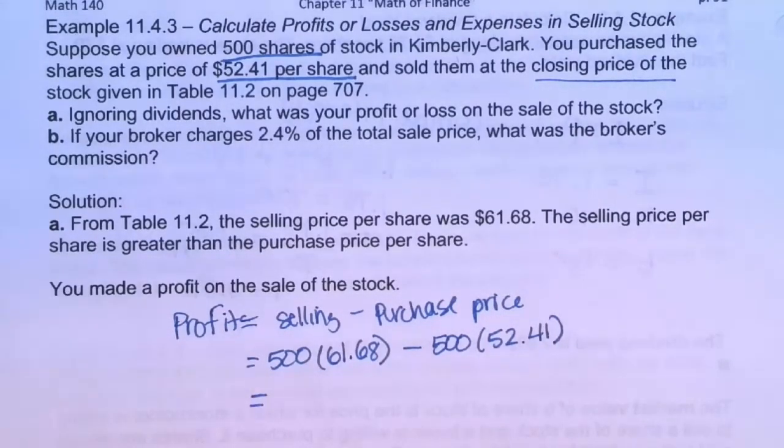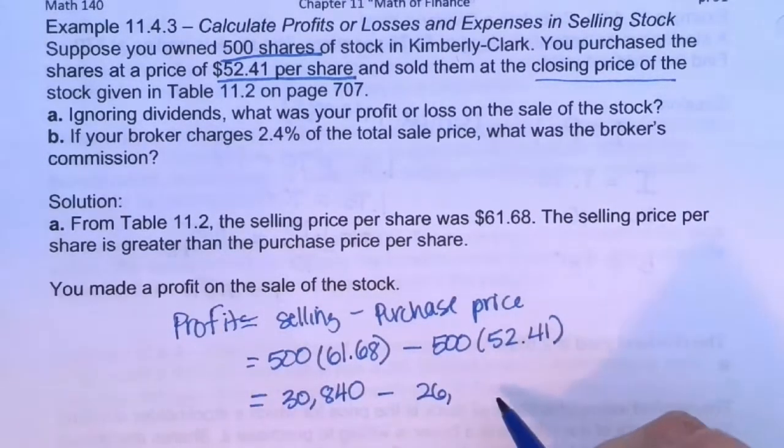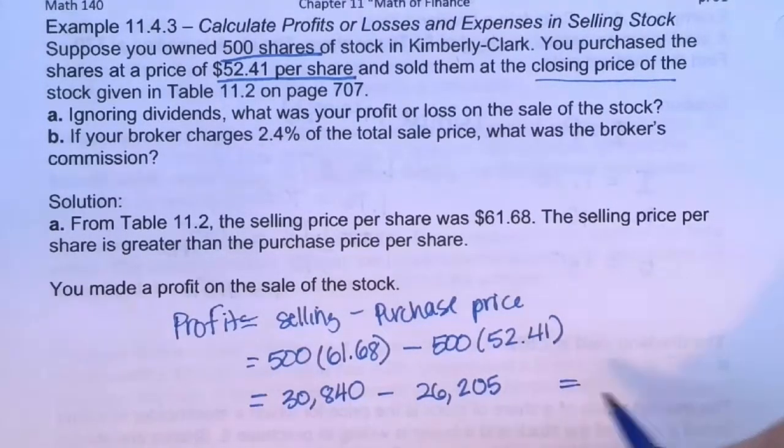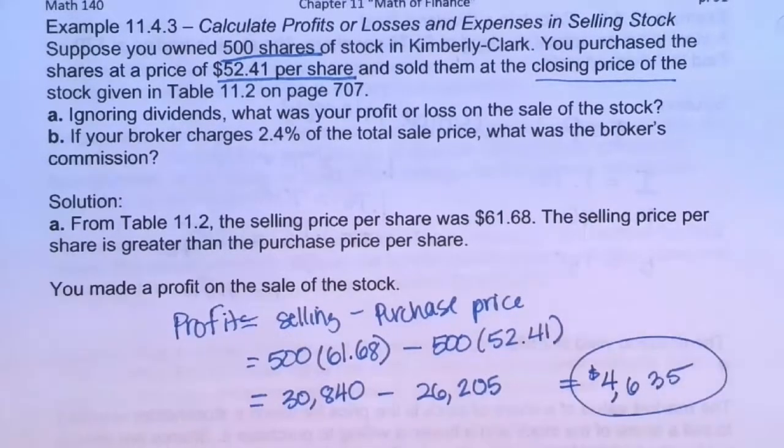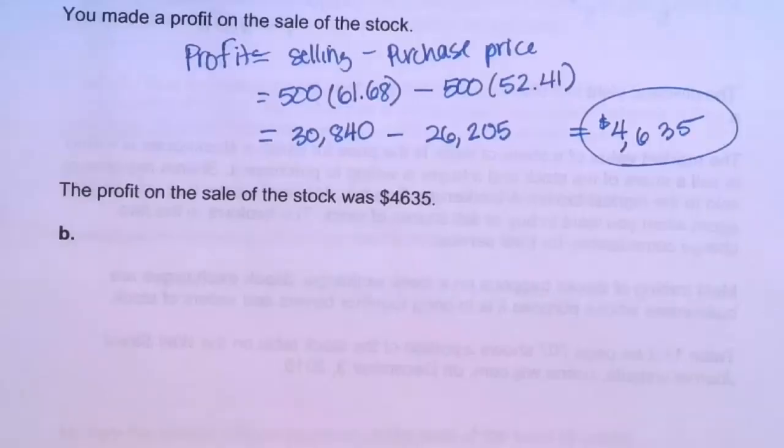Multiplying each of those together, 500 times $61.68 would give us $30,840. 500 times $52.41 would give us $26,205. So that means the profit made when we take that difference would be $4,635.